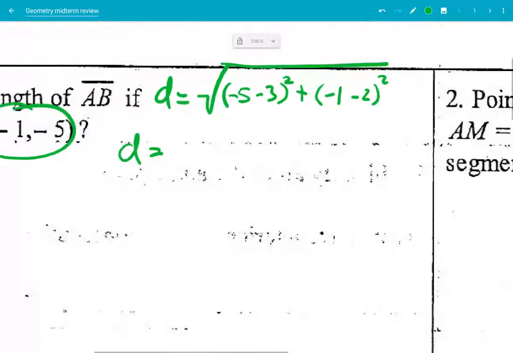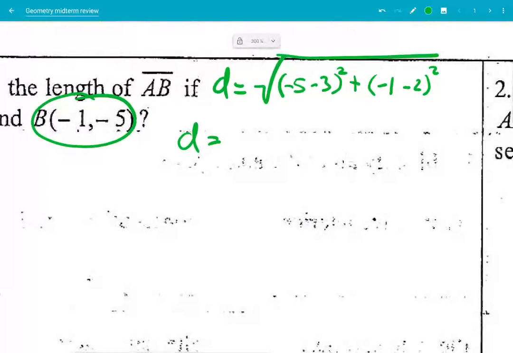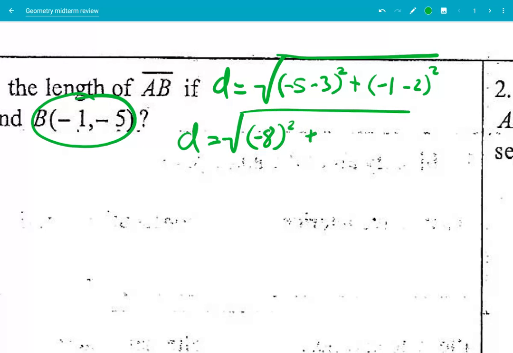Okay. D is the square root of minus 5 and minus 3, which is a minus 8 squared, and then we've got a minus 3 squared.